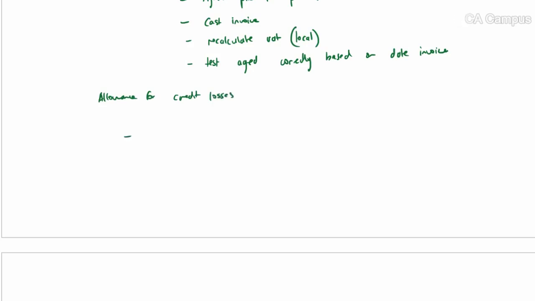So first and foremost, when I am looking at an allowance or an estimate, I need to understand how they calculate this. So I'm going to inquire from management as to the policy for calculating the allowance.